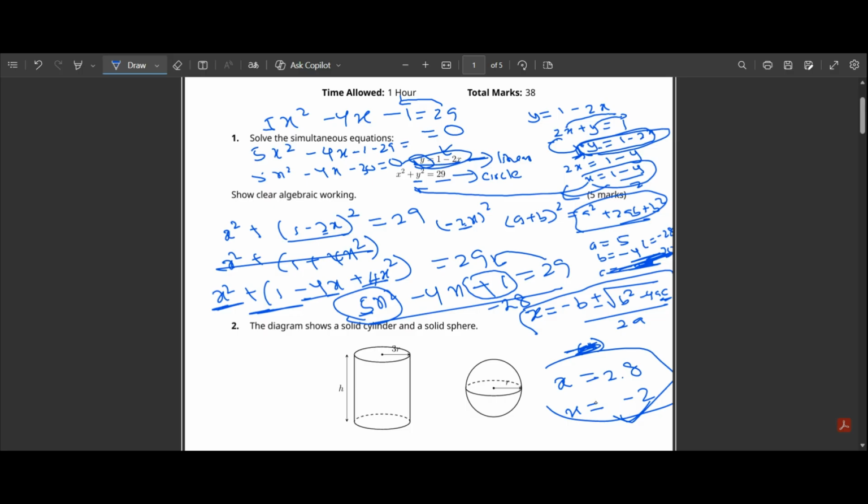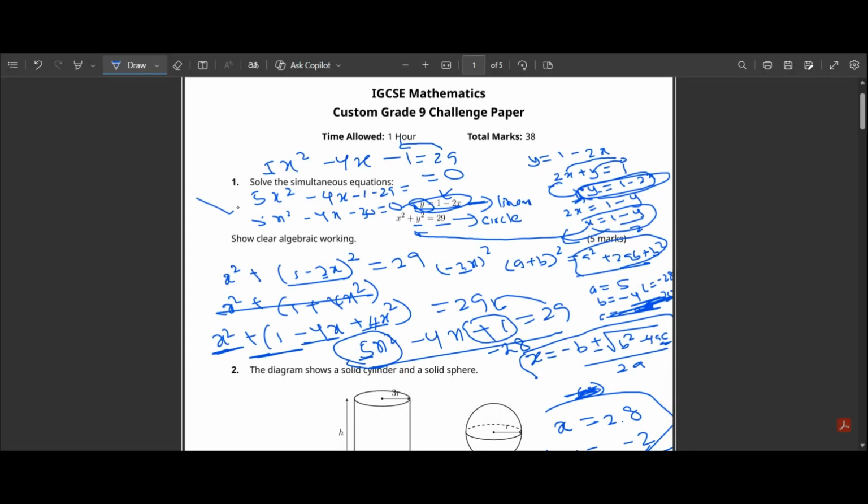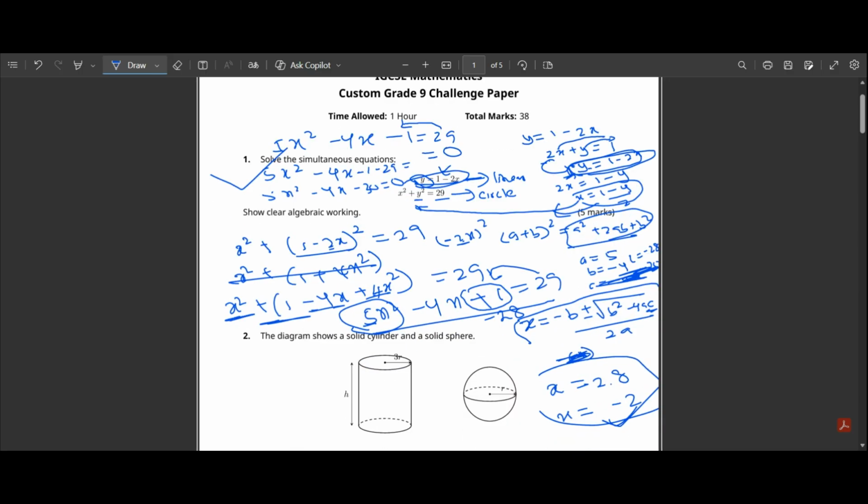Okay. First question finished. So what do you learn from the first question? The question is very, very simple. It is not even a grade 9 level question, but still it is grade 9 because of these small mistakes.